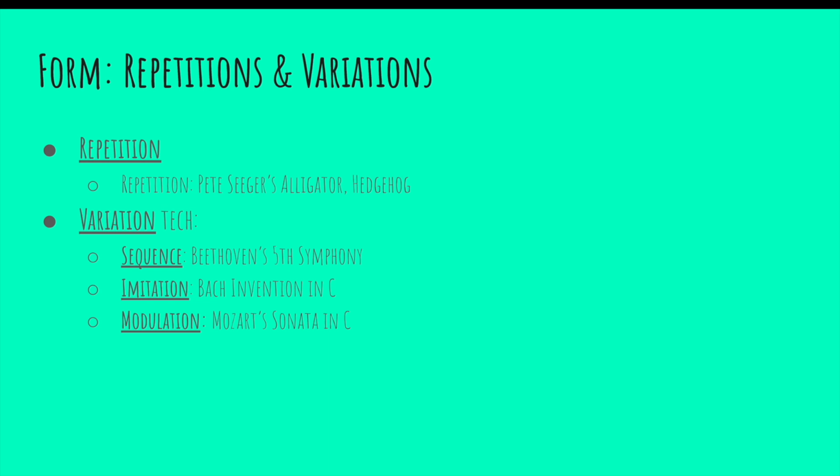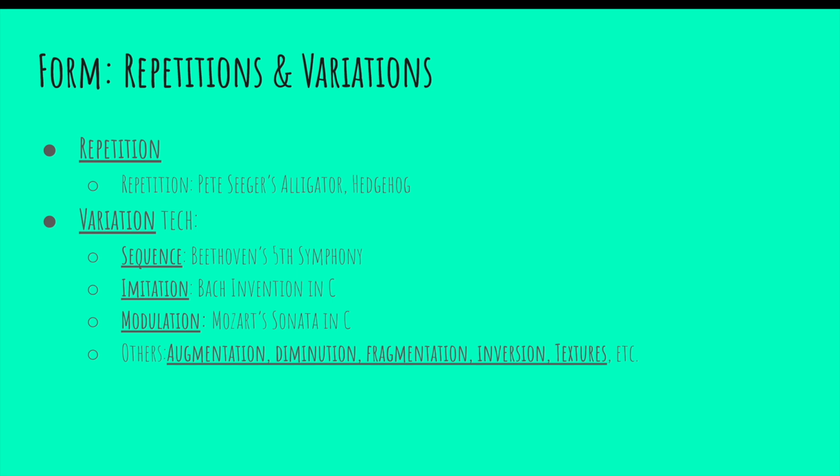Still, there are many other ways to vary, including augmentation, where music is stretched out in longer values, diminution in truncation of the melody, fragmentation in bits and parts, inversions flipped in the contour, and textural changes, to name just the common ones. The repetitions and variations of musical phrases and motifs are delineated from one another by varying cadences.